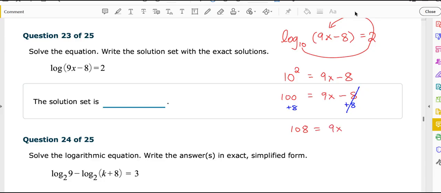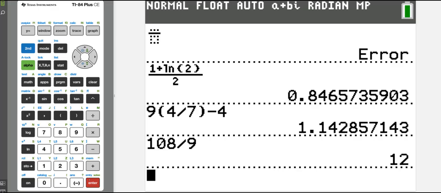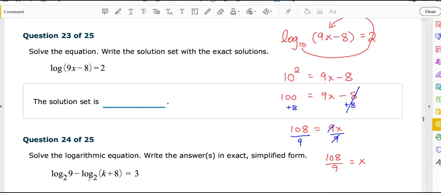To get x by itself, divide both sides by 9. So you're left with x equals 108 over 9. Does that simplify any? 108 divided by 9. Oh, look, it's 12. Okay, x is 12. So the solution set is the set containing the number 12.